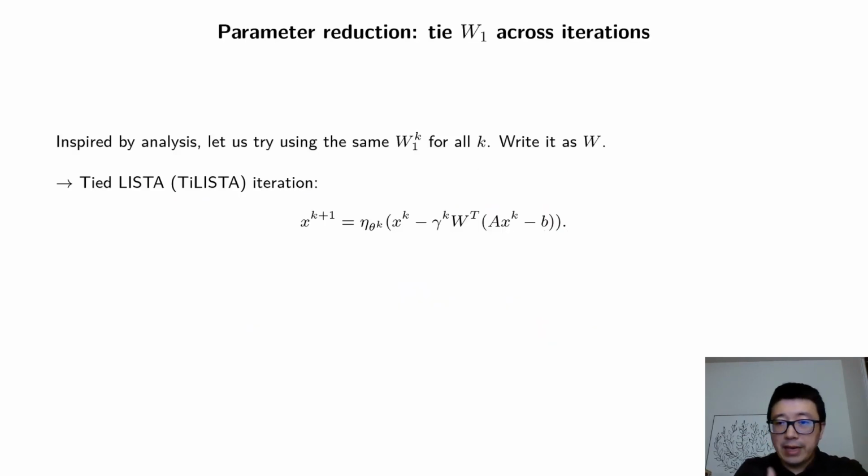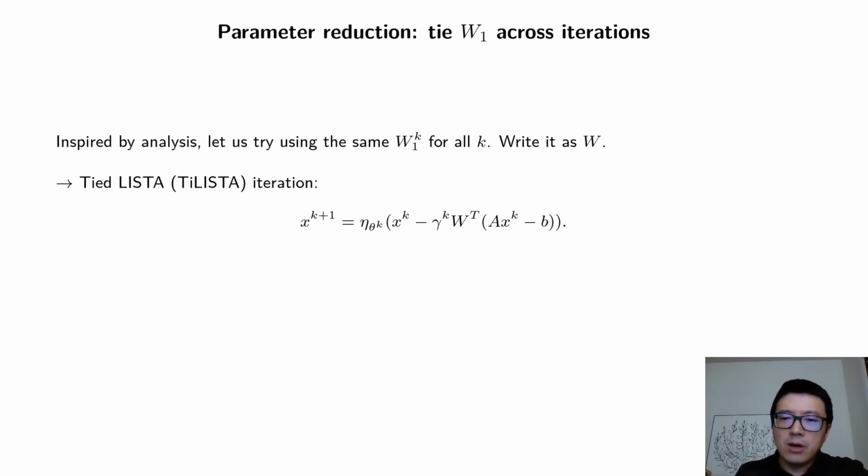So after that work, we sat there and asked ourselves, are there other theoretical, analytic properties that we can use to further simplify the deep learning process? Inspired by our analysis and also by observations, during the analysis we tried to do some lower bound analysis, upper bound performance and guarantee analysis.